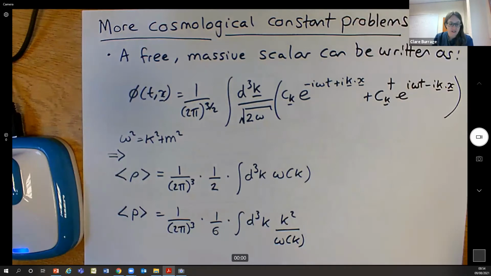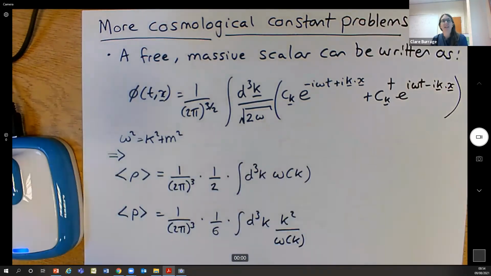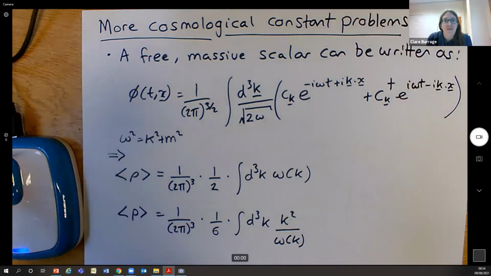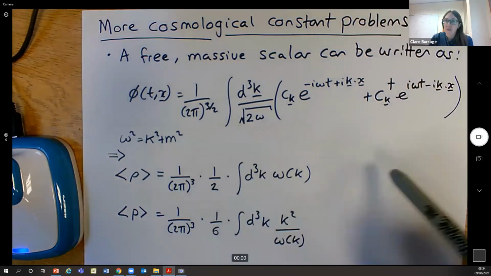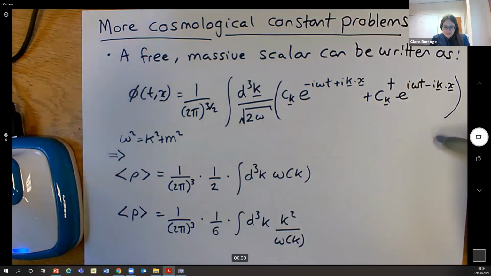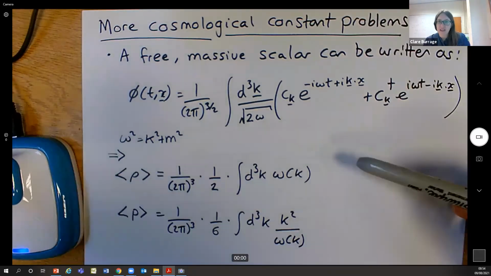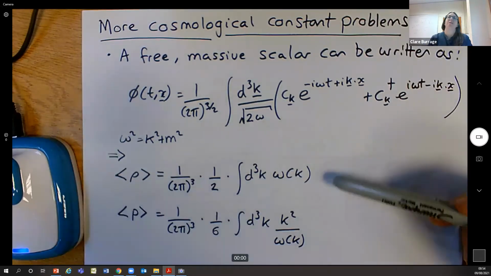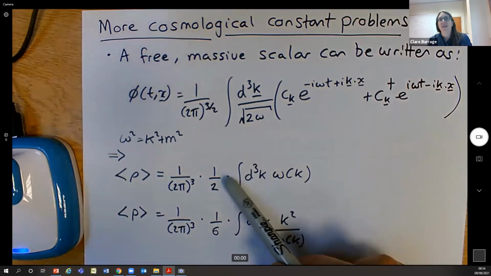So this is just a Fourier decomposition of the scalar field we've been talking about. And then to say from that, I'm going to compute what is the vacuum energy density of that and what is the vacuum pressure. Okay, so I can compute my energy momentum tensor for these fields. I can ask what that looks like in the vacuum, and these are the two expressions you would get. Here omega is the frequency as a function of k.